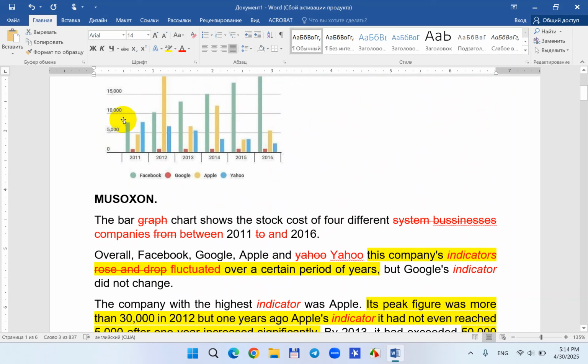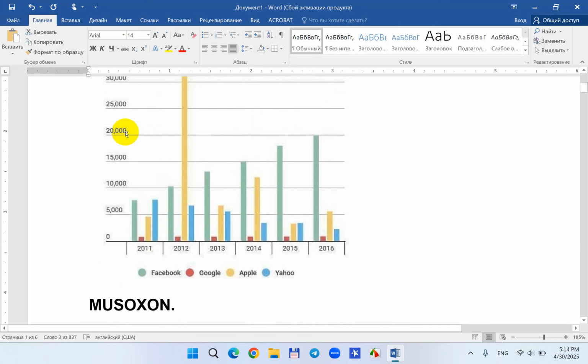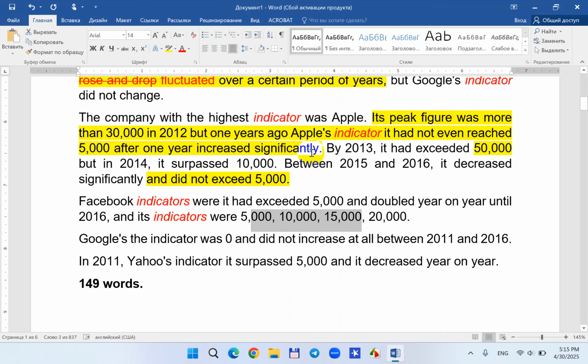You can just talk about the first beginning point, about 7,500, and it reached 20,000. I mean, the stock value of Facebook increased significantly from 7,500 to 20,000. From about 7,500 to 20,000 over the period, you could say. This would be much clearer compared to your original form. That's why I'm gonna mark it as a weakness.